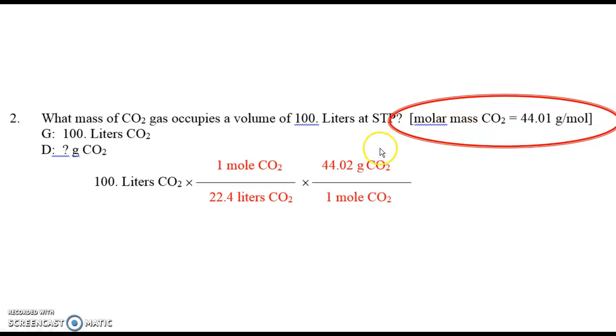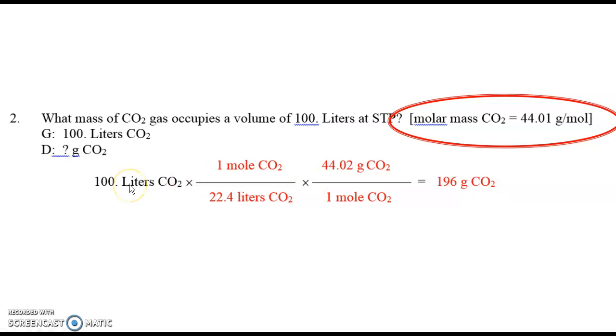So we'll go ahead and put that in there. And looks like we put O2 by accident, but close enough, right? So 44.01 grams of CO2 equals 1 mole. So again, boom, boom, the moles get canceled out. And then we're left with 196 grams of carbon dioxide. So that's pretty great.